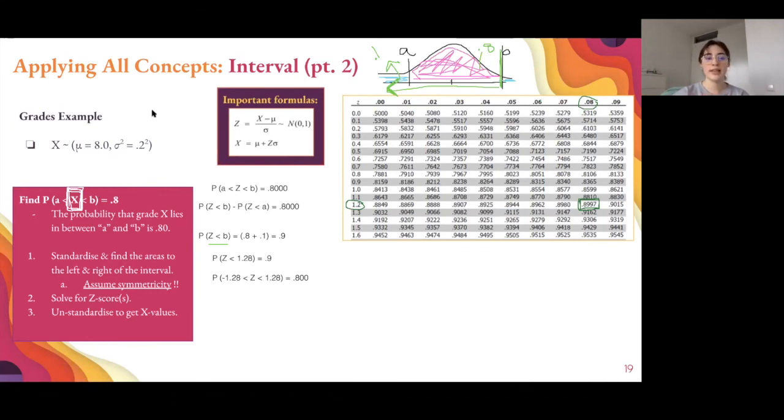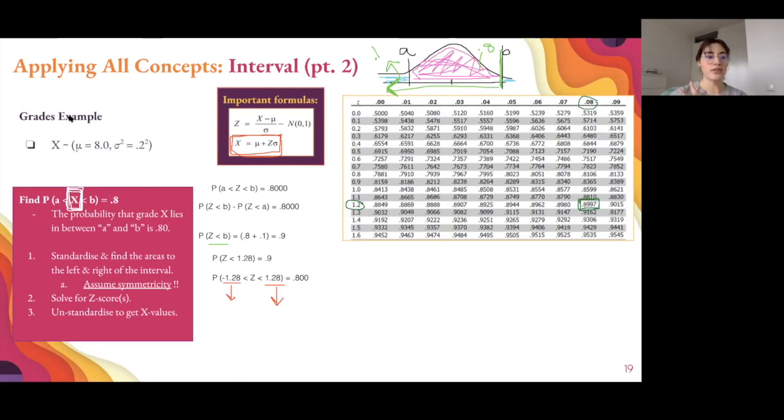The way we're going to do that is by unstandardizing these two z-scores. So this negative 1.28 and this positive 1.28, we need to change into x values, using this formula that I'm highlighting in red at the top.